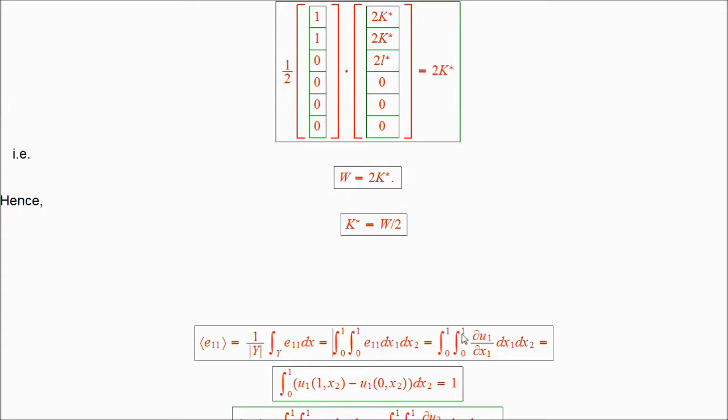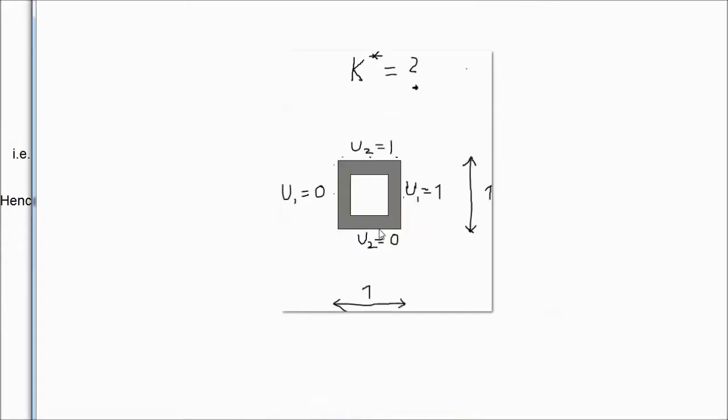We insert 1 for the x1 variable and 0 for the x1 variable, and take the subtraction. This value is very simple to calculate because it's just equal to 1. Here it's 1 and 0 here. Recall from the figure that we have 1 here and 0 here.